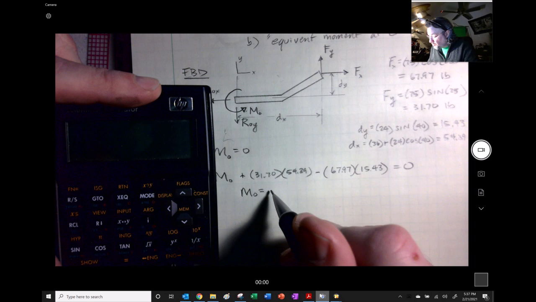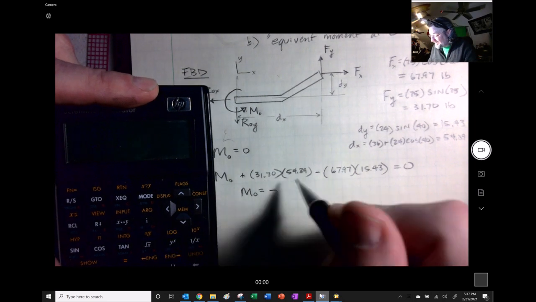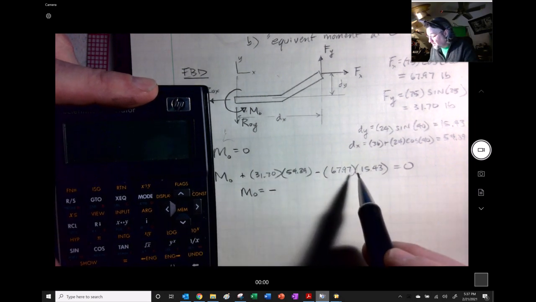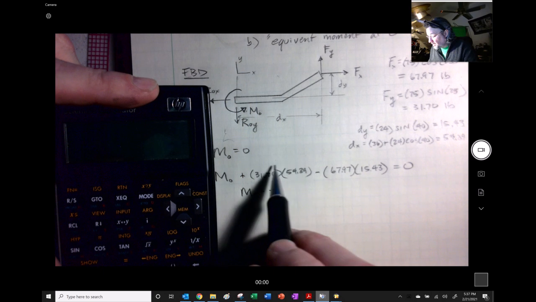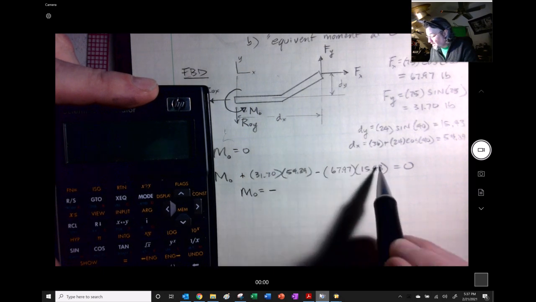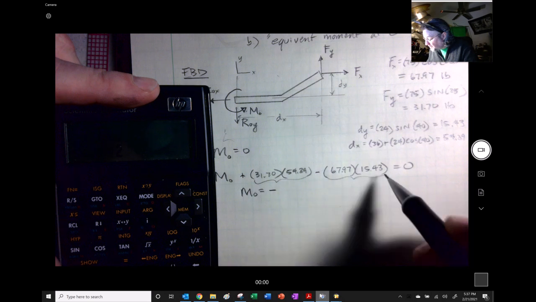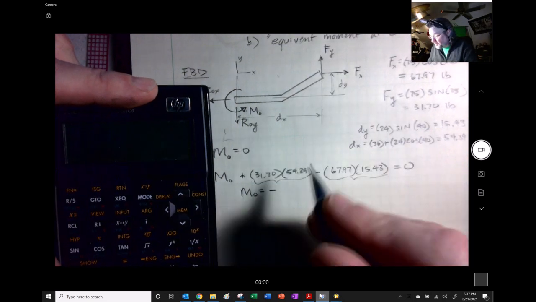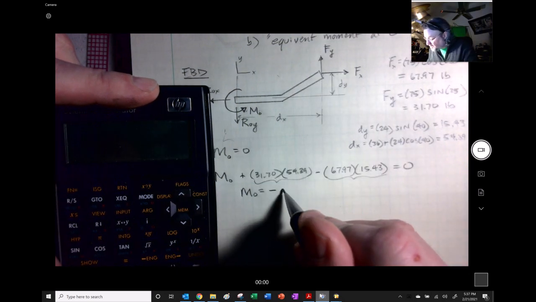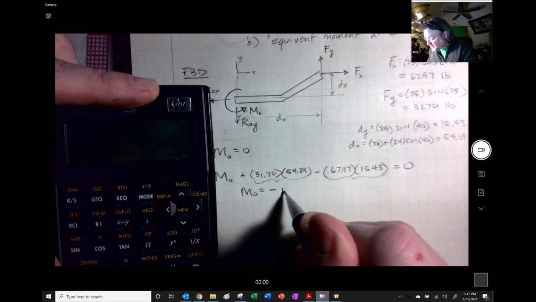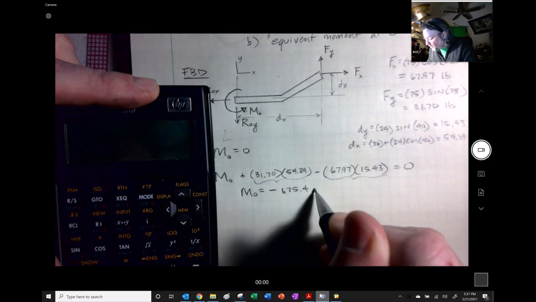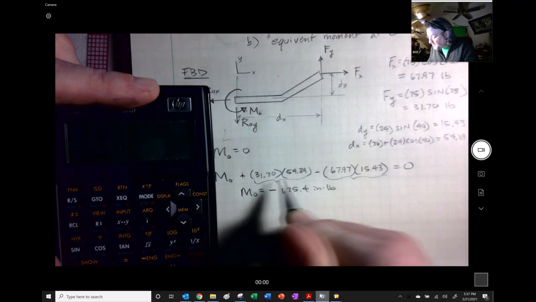Okay, so what I end up with is a negative number, because this one was more than that one. Let me look at these just to compare. What I'm saying when I'm done with this, by the way, is that I get 675.4 inch-pounds is what the answer is.